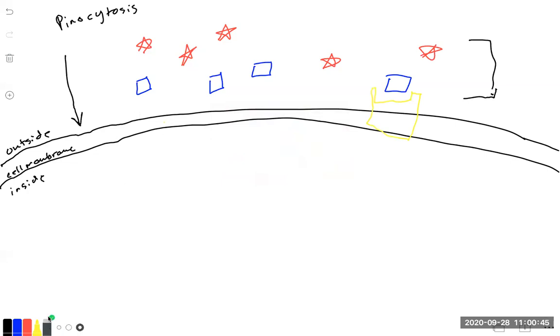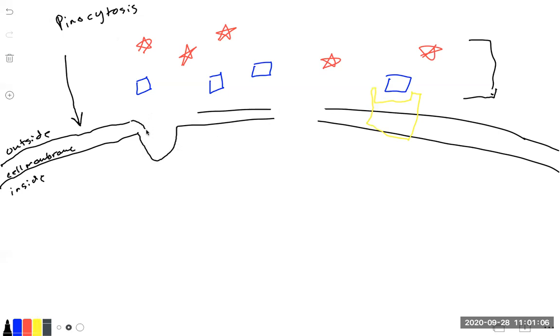Let's take a look. So the cell realizes that it wants both of these substances in there. So what it's going to do is it's going to create a pit in its membrane like so.